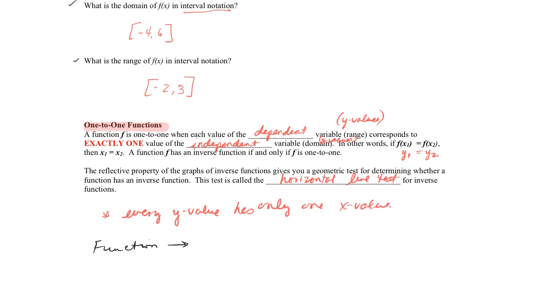So if you have to be a function first, then that means you have to pass the vertical line test, where every x has only one y associated. In order to be a one-to-one function, so more restrictive, in addition to passing the vertical line test, you also have to pass the horizontal line test, okay?